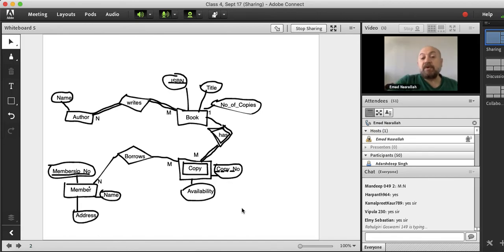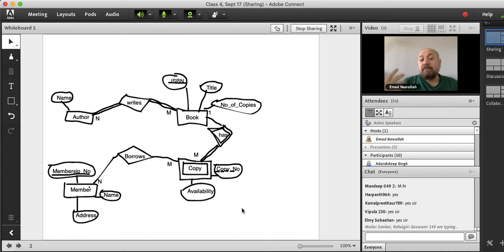Because every book has copy numbers. Like this book has copy number 1, 2, 3, 4, 5. That book has copy number 1, 2, 3, 4, 5. So when you say this member is borrowing copy number 5, copy number 5 of what? Copy number 5 of the book with ISBN blah blah blah.